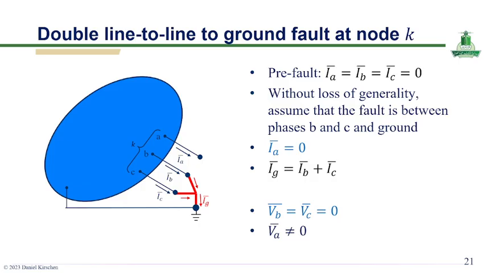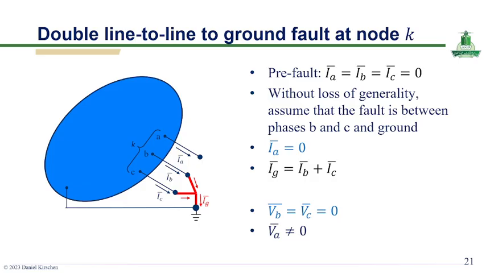Additionally, the voltages of phases B and C collapse to zero due to the fault connection to ground, whereas phase A maintains a non-zero voltage.